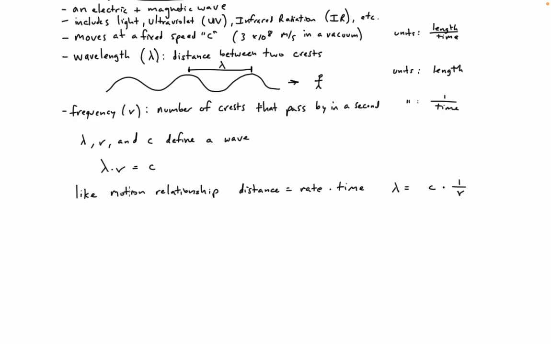Since the speed of light is constant, lambda and nu are inversely related.